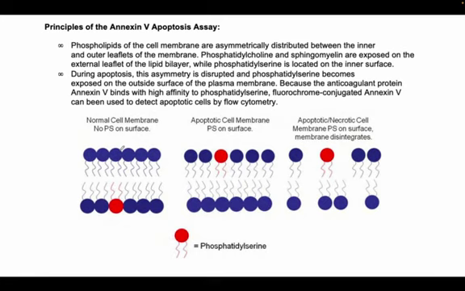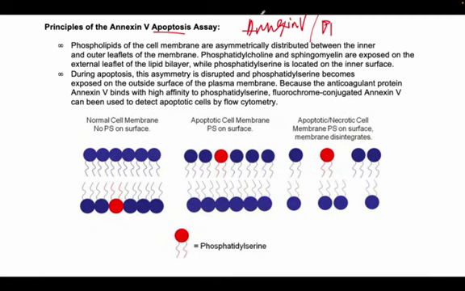And just quickly we'll discuss probably the most commonly discussed flow cytometry experiment, which is the apoptosis assay. It's usually called the annexin V, or annexin 5, propidium iodide assay.